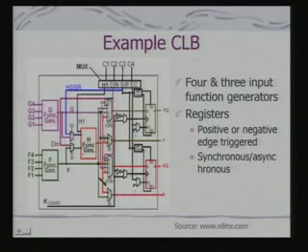That means you can synthesize different functions by selecting which 4-input function is to be implemented here, how these multiplexers should be configured, and telling how these registers should behave.